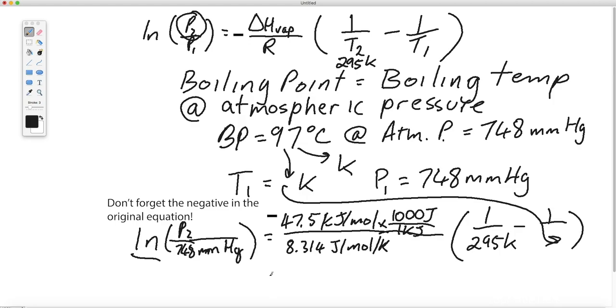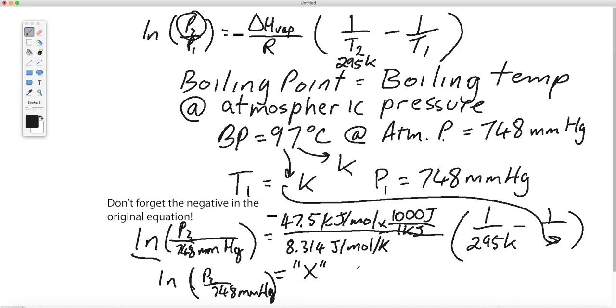So what we can do there is, I'm just going to call this number X for now, whatever this comes out to be. I'm going to get you to figure that out. So we've got ln of P2 over 748 millimeters of mercury is equal to X.